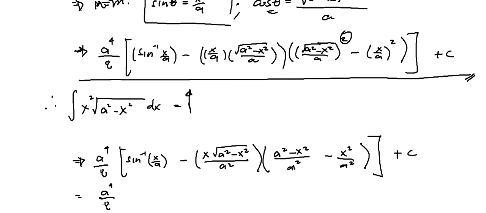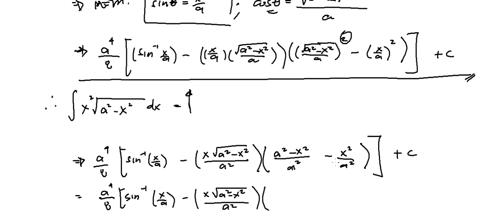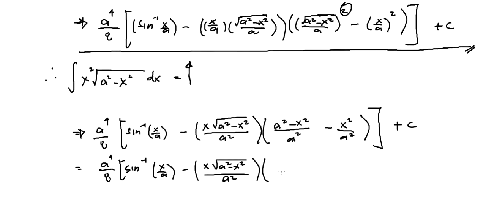Further, we have sine inverse x over a minus x square root of a squared minus x squared all over a squared multiplied by a squared minus x squared, right? Plus c.